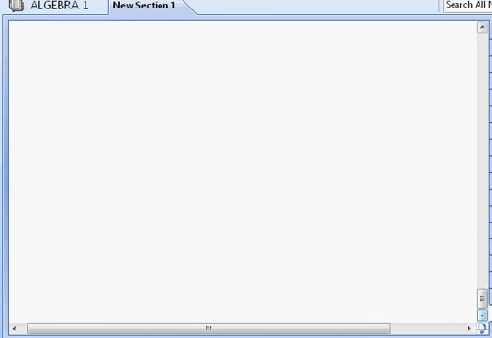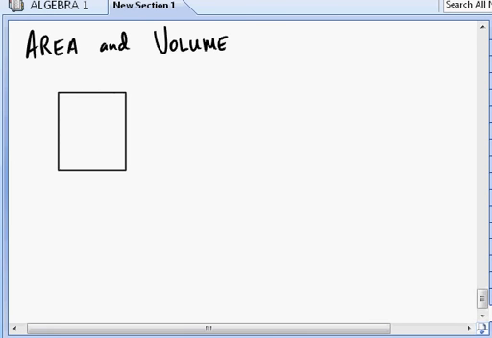Below this, there's one last thing we have to know, right? Area and volume. This is the one right before example 5, yeah. Okay, area and volume. Area is 2-dimensional, like this.